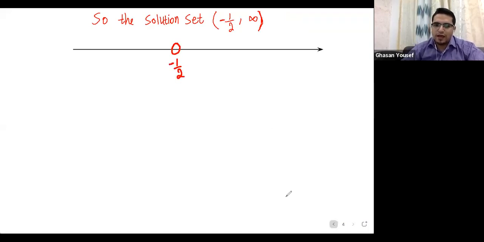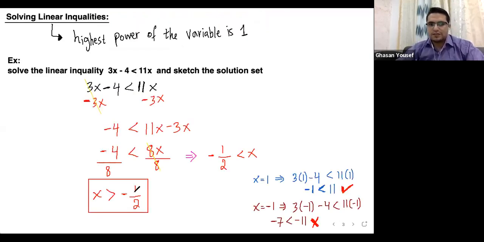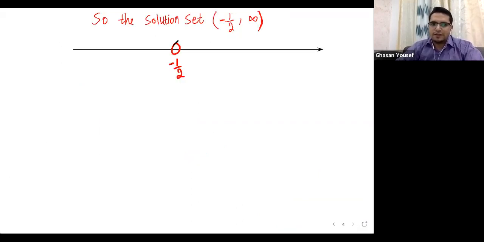Because here we don't have the equal sign. Minus 1/2 does not satisfy this inequality, because we have less than only. So minus 1/2 is an open circle and all numbers greater than minus 1/2 are included. I draw an arrow like this, and this is my solution for this inequality.